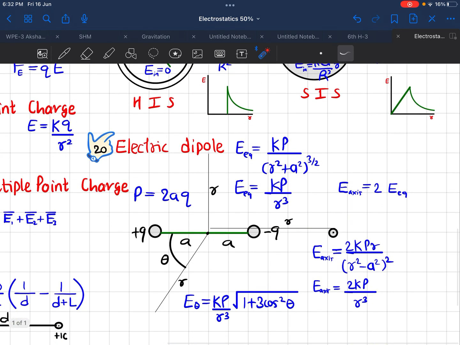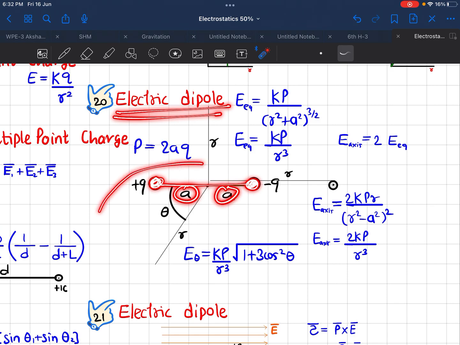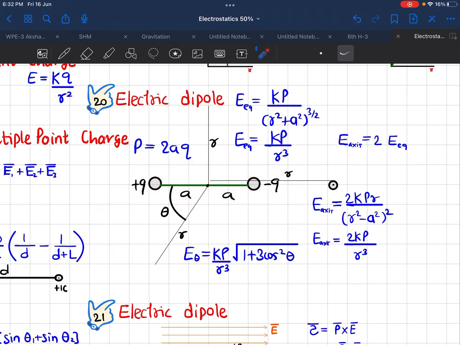Now, a very important point, continuously asked in exams, is the electric dipole. What is an electric dipole? A positive charge and an equal amount of negative charge separated by a constant distance 2a is called an electric dipole.